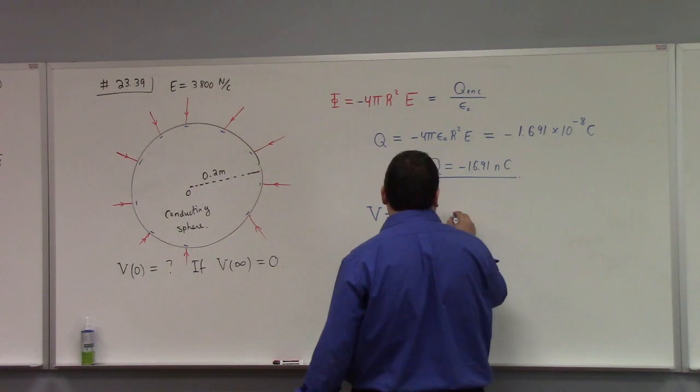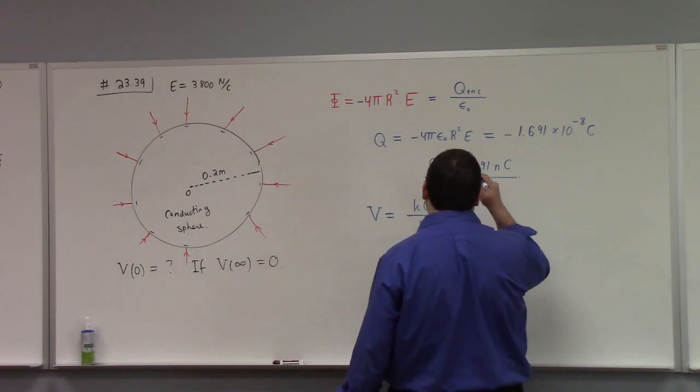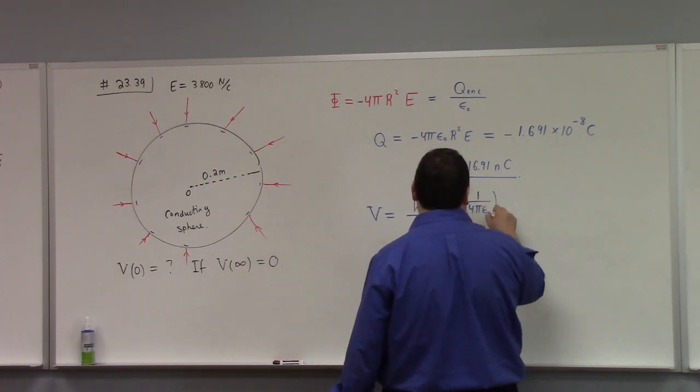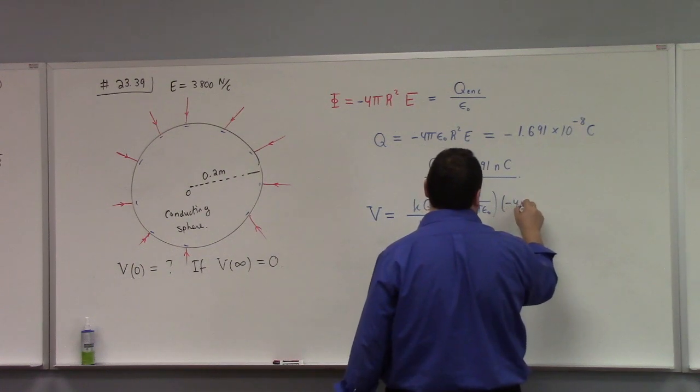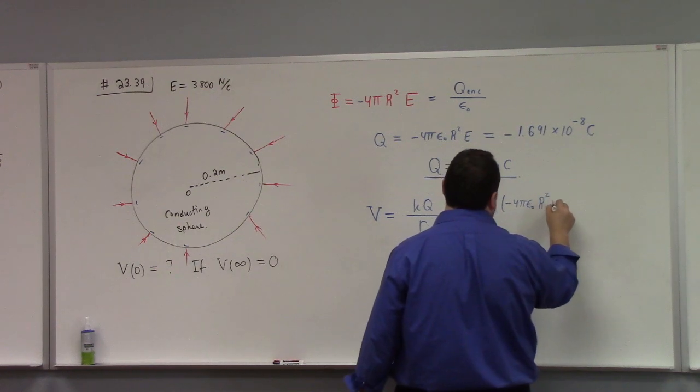So this is whatever that is, which I probably shouldn't have calculated, because I could have just put k as 1 over 4 pi epsilon naught, and my Q was minus 4 pi epsilon naught R squared E. That would have been easier.